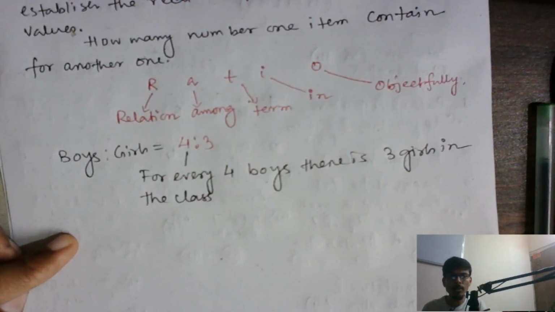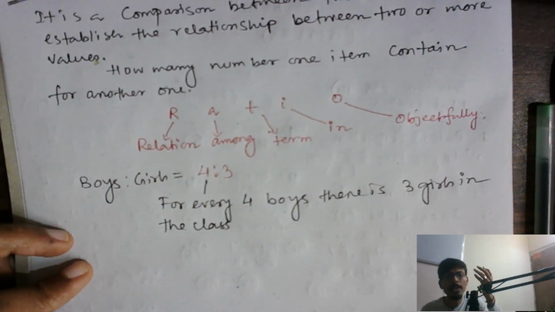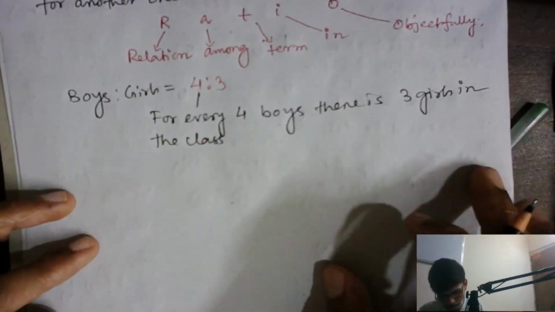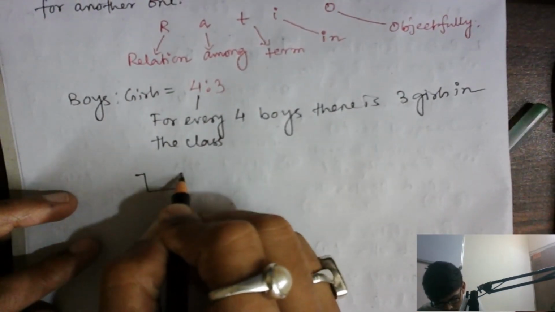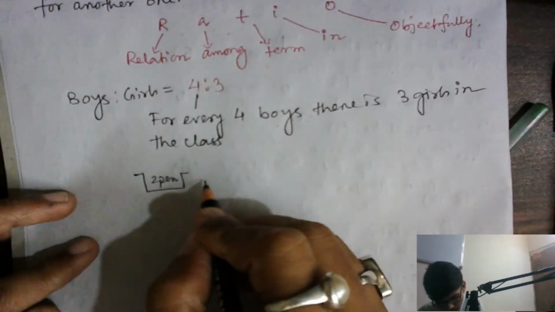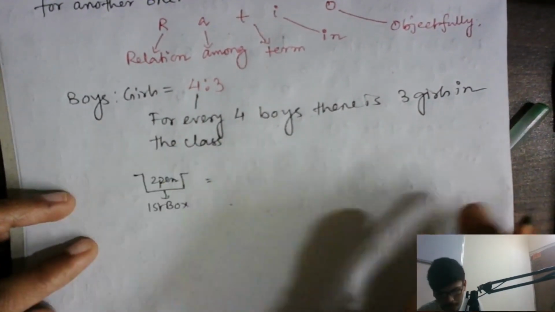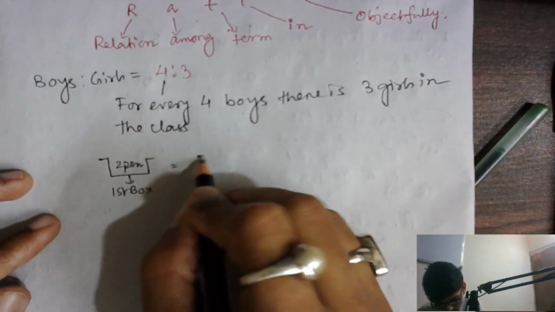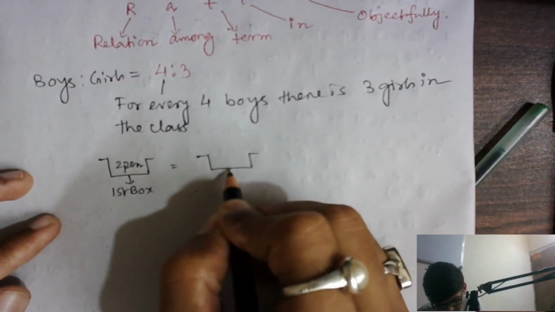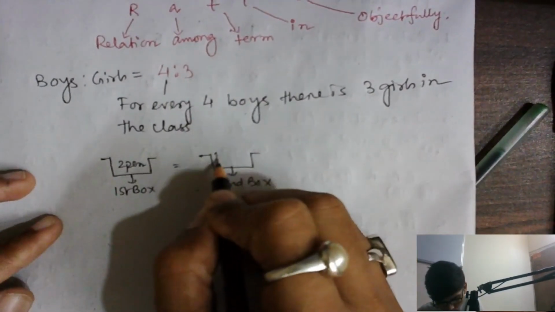We understand why the ratio came here, what the significance of the ratio is, and how the ratio is built, but we wanted to interpret the ratios among things. Now suppose there is one box having 2 pens, the first box, and there is another box, the second box, having 4 pencils.